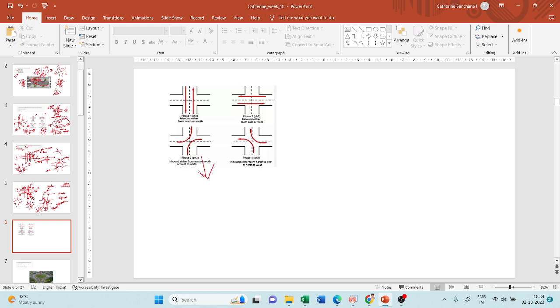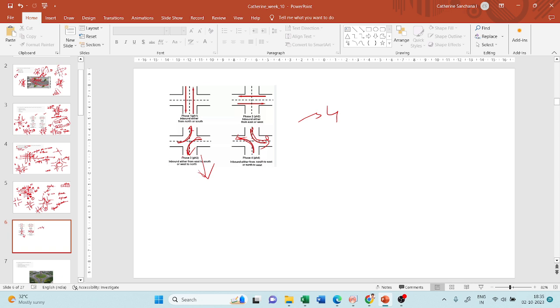Since this is based on the US, I guess they have provided an exclusive phase for left turning traffic, right? In our case, we will provide an exclusive phase for right turning traffic. Okay, so this is also a four-phase signal.